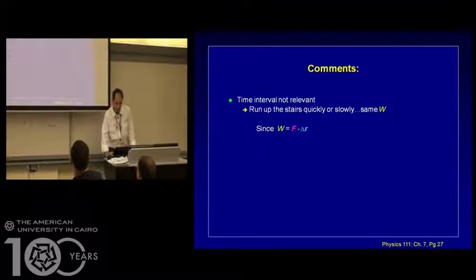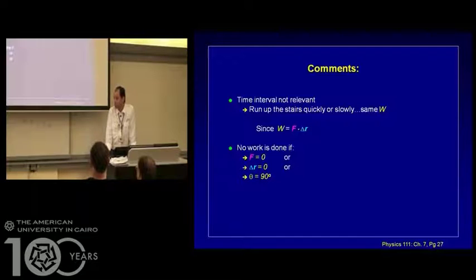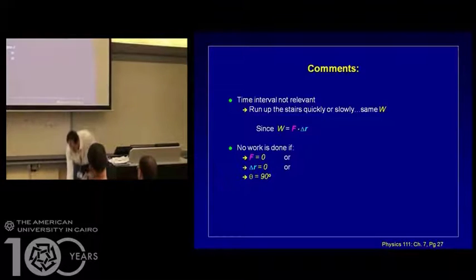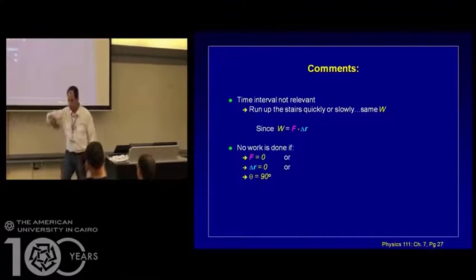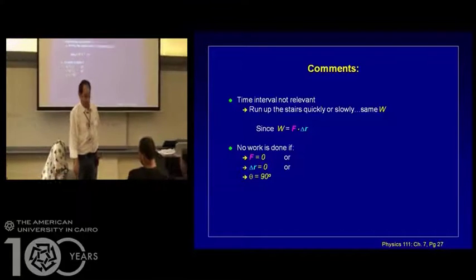So the work done is force dot displacement. Now, we have 3 cases where work done is equal to 0. If the force is 0, if there is no force, the work done is 0. If the displacement is 0, so if I push on that object like that, the work done is 0.